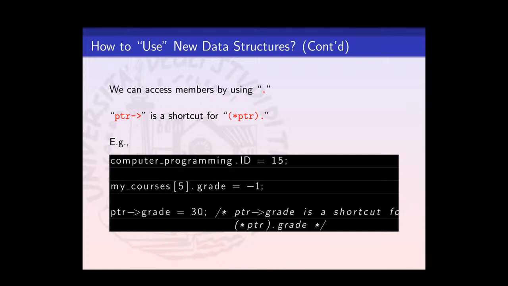Okay, so instead of writing asterisk pointer parentheses dot, you may write pointer arrow. Okay, as we did in the last line of our code. So in the last line of our code, we have a pointer pointing to an instance of the type struct course_t, and we want to change the grade member of that specific instance, and this is done by using the arrow notation.